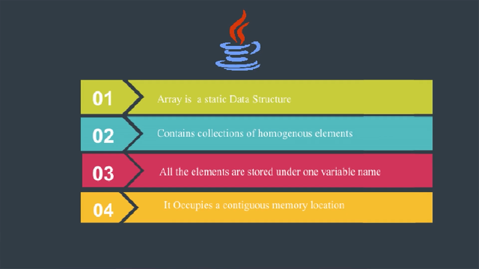So if you are going to create an array for integers, it must contain only integers. All elements are stored under one single variable name, so we have a reference variable which will be pointing to the array. The data stored in an array is in contiguous memory locations.